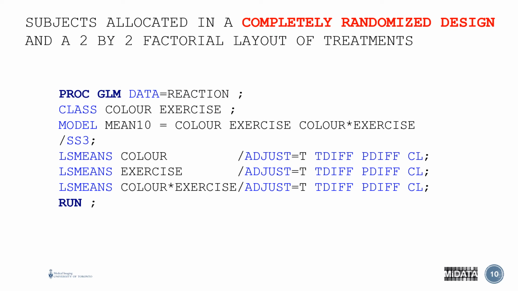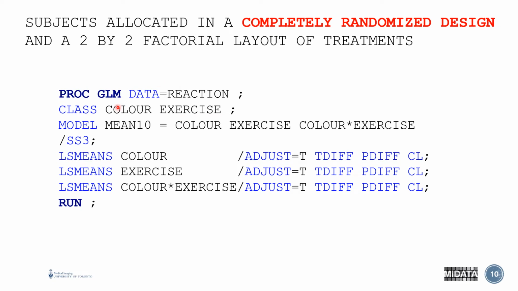All right, how about now we do the same allocation and treatments as a completely randomized design. However, the treatment layout is now a 2x2 factorial. So in this case, you'll see that the code looks very similar. However, we now have as class statements color and exercise. So we don't just have a single group variable that incorporates the 4 different combinations.